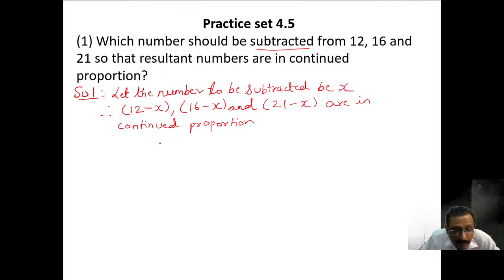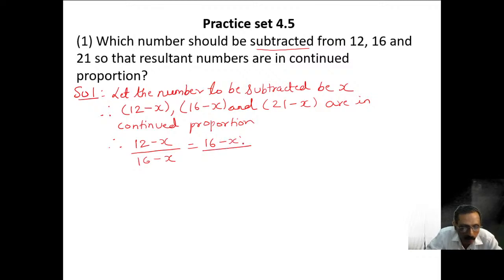Now we had previously done this with an example. We saw how to write this. Therefore, 12 minus x upon 16 minus x is equal to 16 minus x upon 21 minus x.